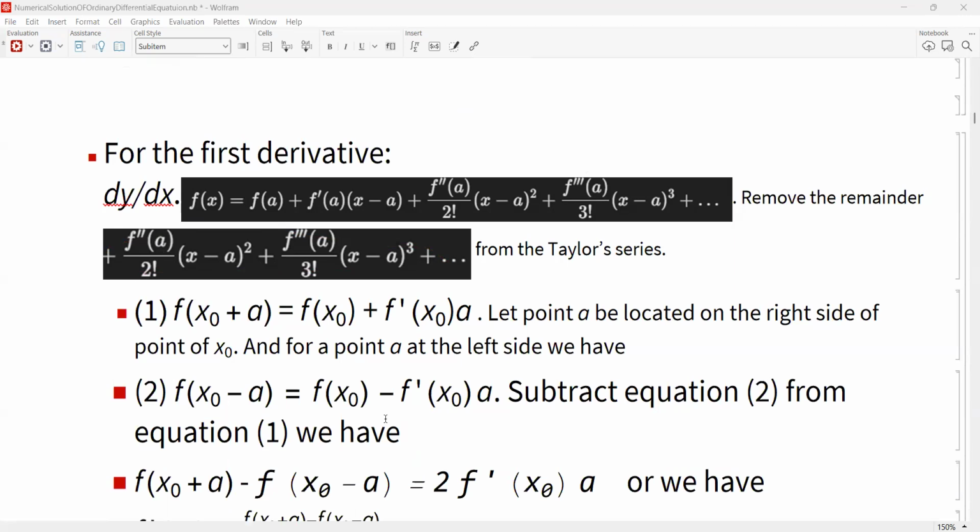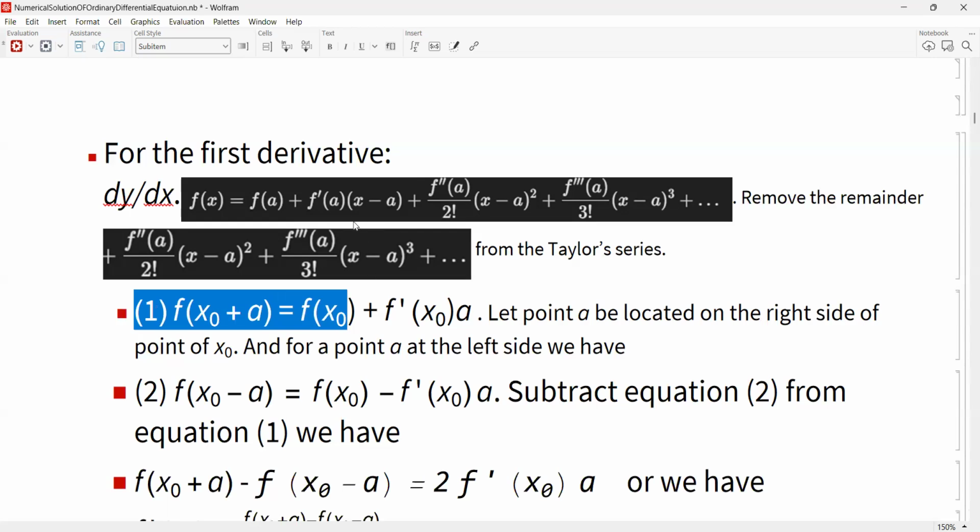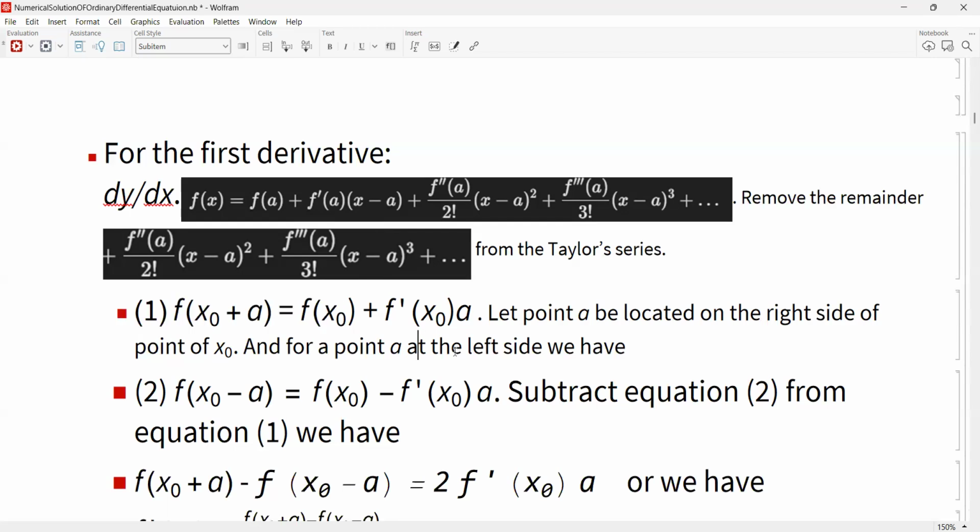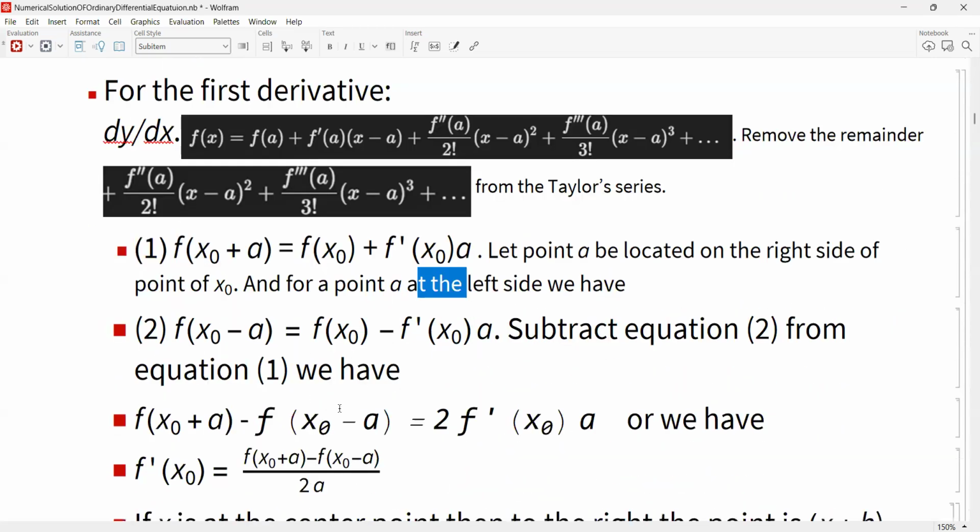Okay, so we let point a be located on the right side of the point x sub 0. So we have this one by substituting here and locating the point a on the right side of x sub 0. For a point a at the left side of this point, we also have f of x sub 0 minus a. So we have this. Okay.